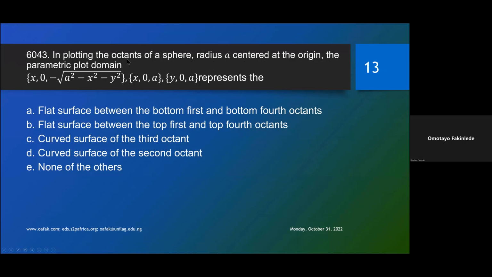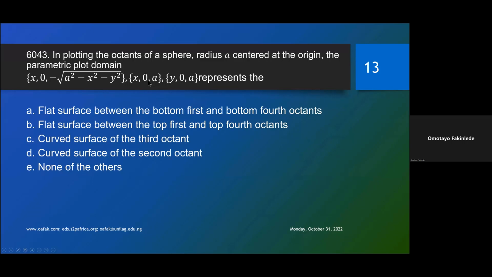We are here again, the same thing. In plotting the octants of a sphere of radius a centered at the origin, the parametric plot domain x, y, minus the square root of a squared minus x squared minus y squared, with x going from 0 to a, y going from 0 to a, represents the flat surface between the bottom and the 4th octant. I am suspecting something here.